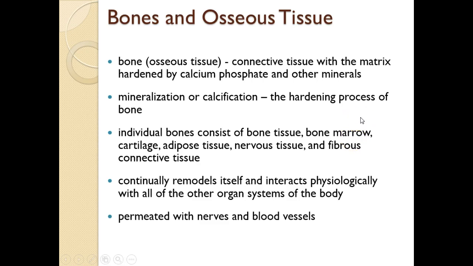So again, bone is a connective tissue, and one of the characteristics of connective tissues is that there's more space between cells, right? So most of the tissue is matrix rather than cells. But there's a wide variety of different types of connective tissues in type and also in composition.